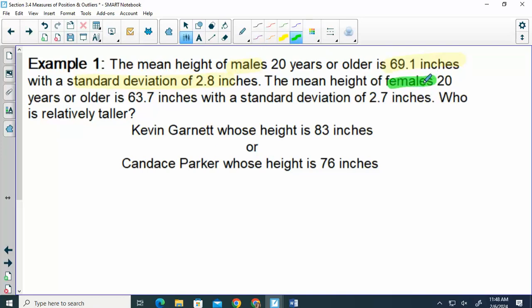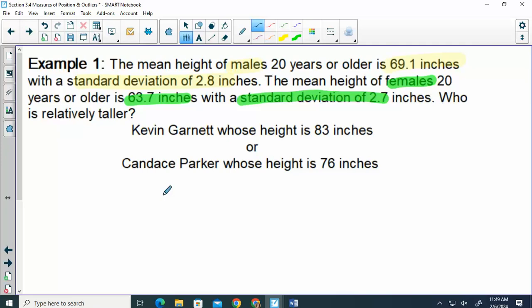With our females in the same age group, the mean is 63.7 inches with a standard deviation of 2.7. Which of these people is relatively taller? I know Kevin's taller, but relatively means in comparison to their age group with similar people.